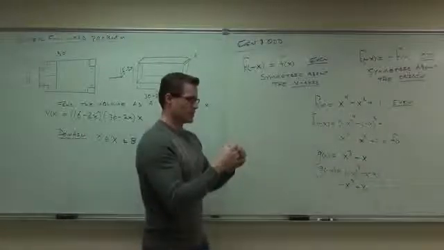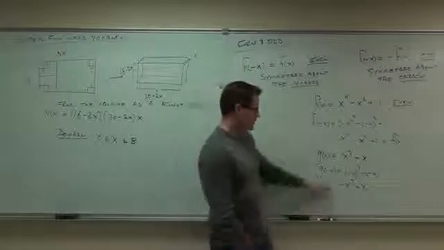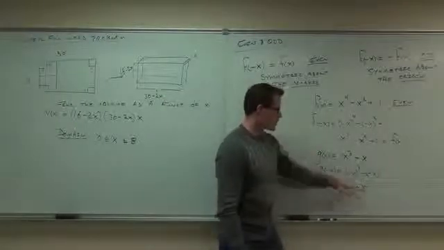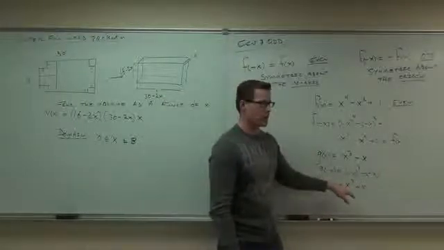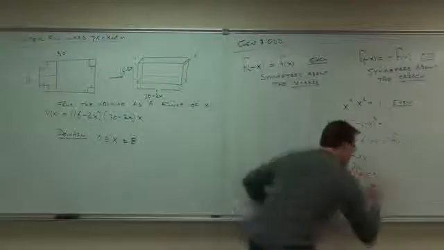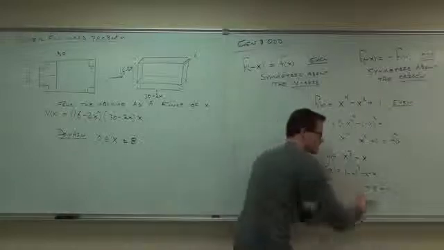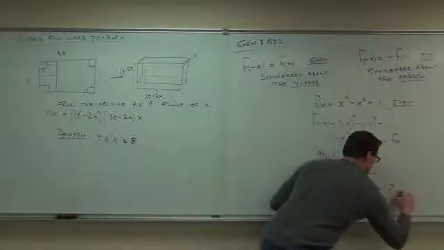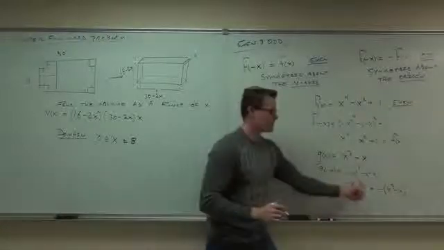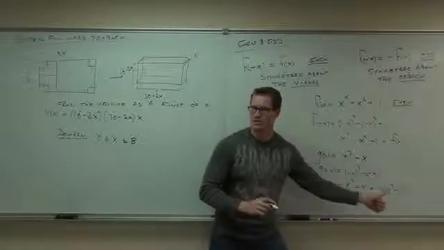Here's how you tell the odd. If every term in your function is opposite of what you started with, that means you could actually factor out a negative 1. If you factored out a negative 1, you would get negative x cubed minus x. Do you see how if I factor out that negative, I'm getting back my x cubed minus x?